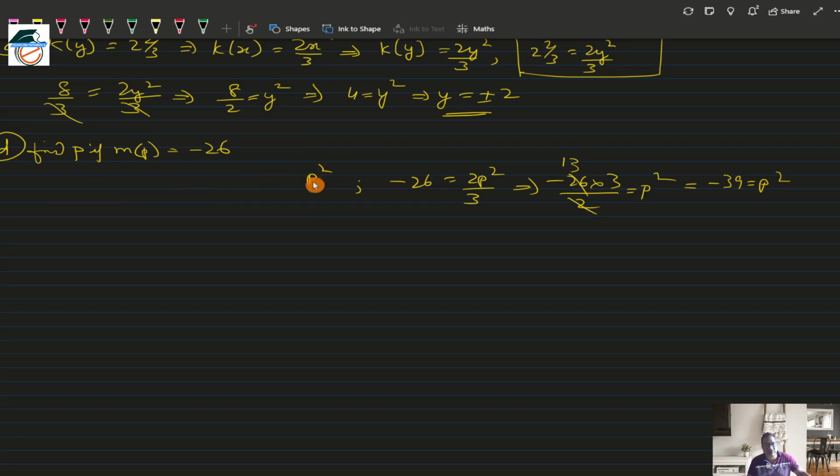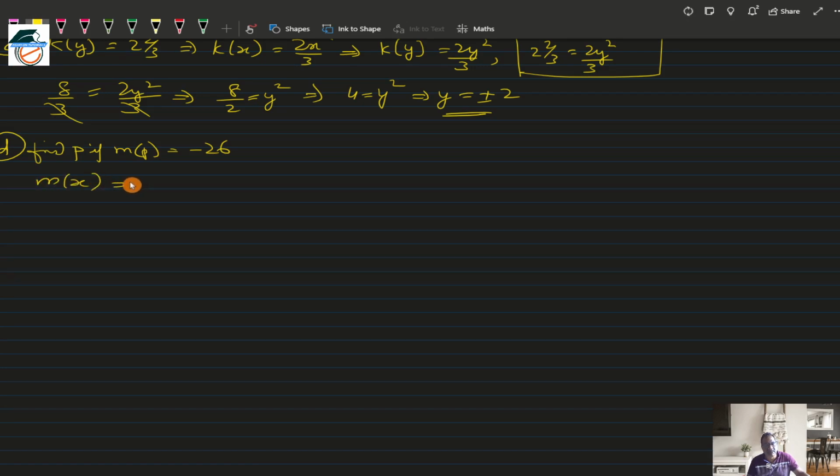So let me redo this. So your m of x, for question number 20, is given as 10 minus x square.